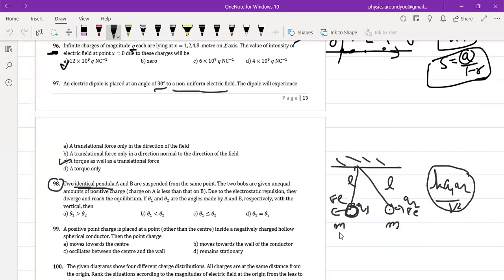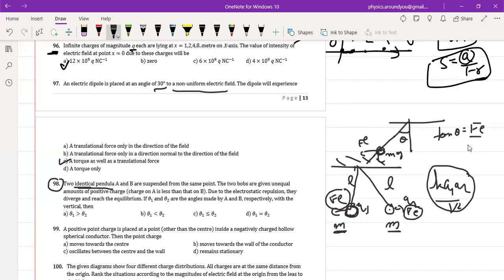Well, so if both of them have the same mass, and it experiences the same electrostatic force, there is a relation which says tan theta should be equal to Fe by mg.